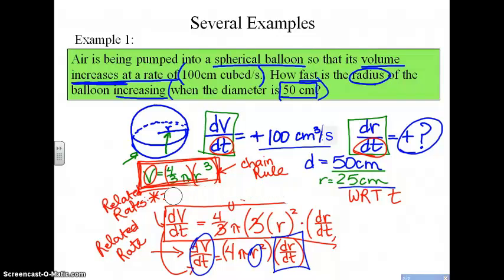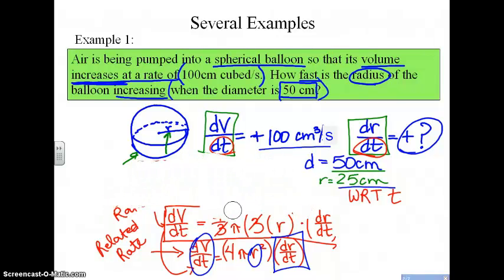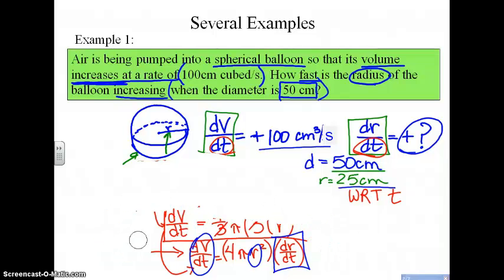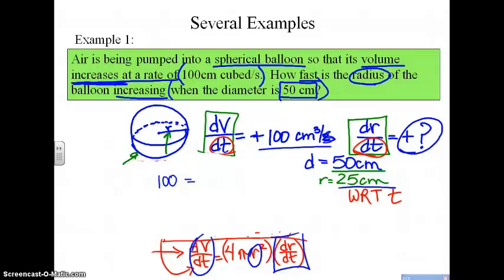Let me get rid of some of this so you can see the work a little bit. I've run out of space, but you just keep going down on your notes. You can write this below. So dV/dt is 100 centimeters cubed per second. And I have 4 pi, which is a real number. Nothing wrong with 4 pi. And r is 25 centimeters.